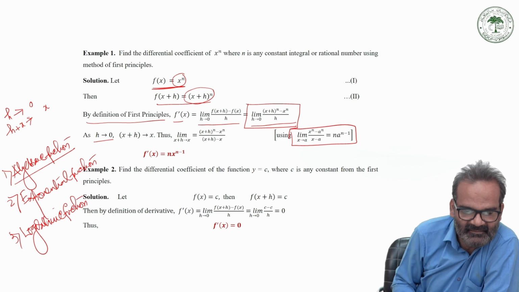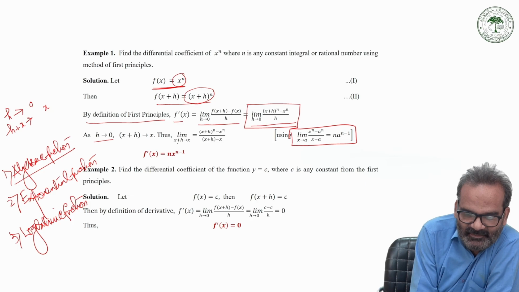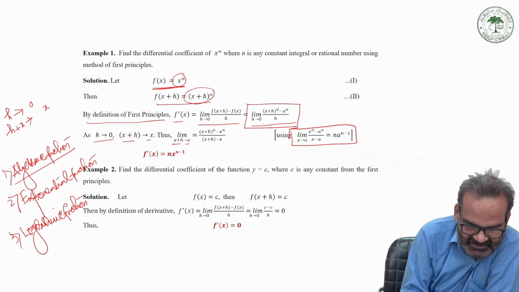The same thing we have used here: as h tends to 0, x plus h tends to x. Thus in (x plus h)^n minus x^n, this h can be written as x plus h minus x.